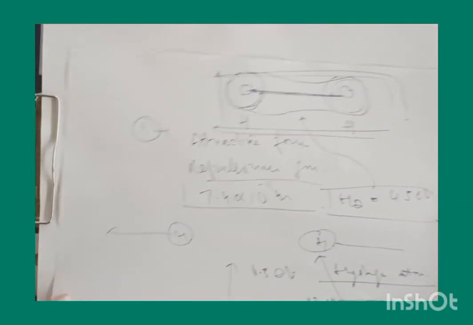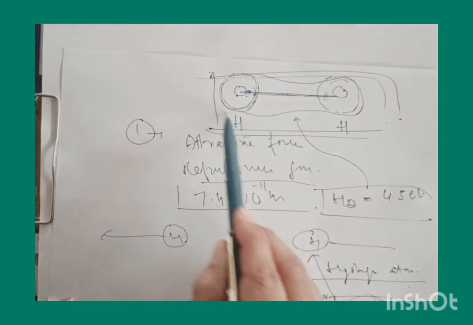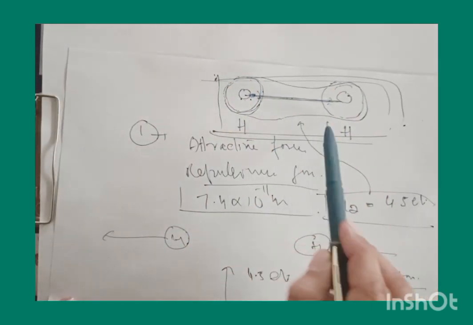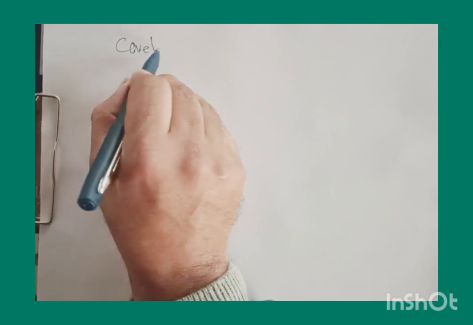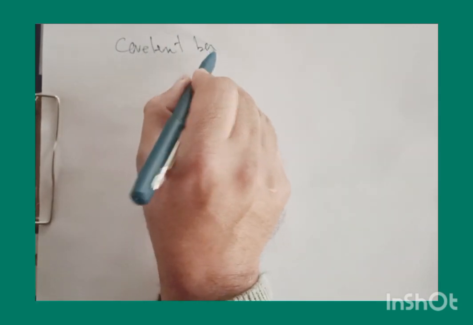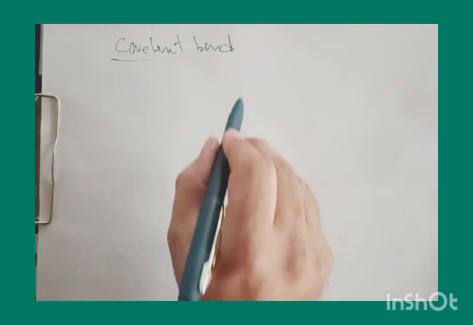Now, what we had here was an assumption that you have a kind of sharing of electrons between these two hydrogen atoms, and we call it the covalent bond. This kind of bonding is called a covalent bond.